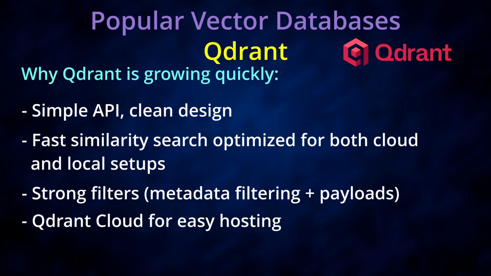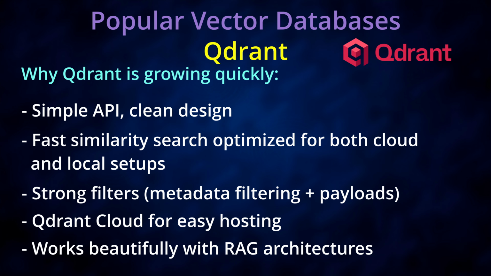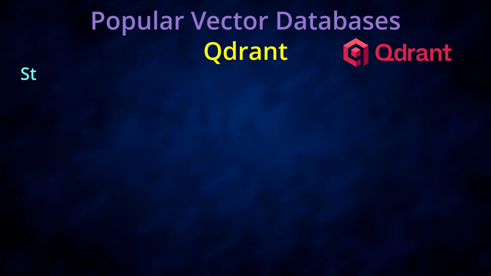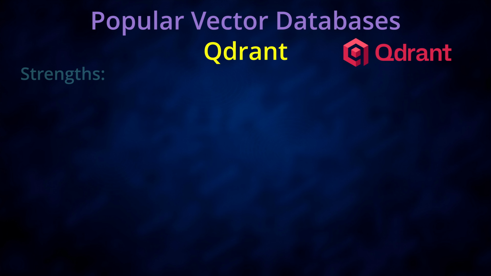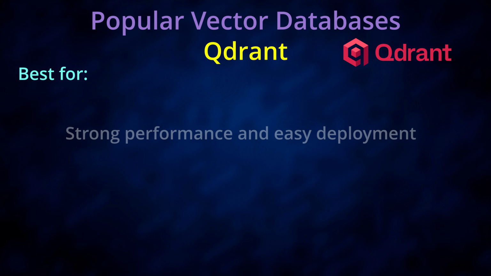Qdrant Cloud for easy hosting works beautifully with RAG architectures. Balances simplicity, performance, and flexibility, making it ideal for small to large-scale systems. Best for teams that want an open-source Pinecone experience with strong performance and easy deployment.